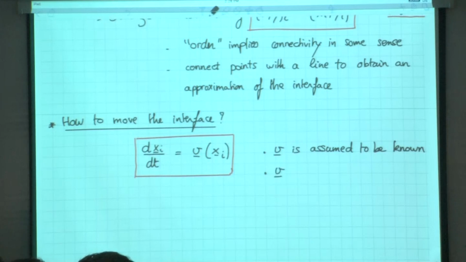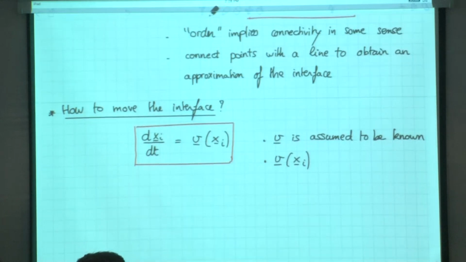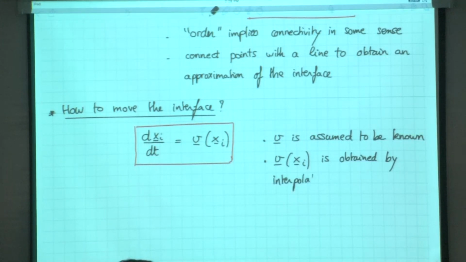And this v at x_i, well, we'll have to obtain it via an interpolation that might be the same bilinear interpolation that we did in the previous week. So it's obtained by interpolation from a CFD mesh.